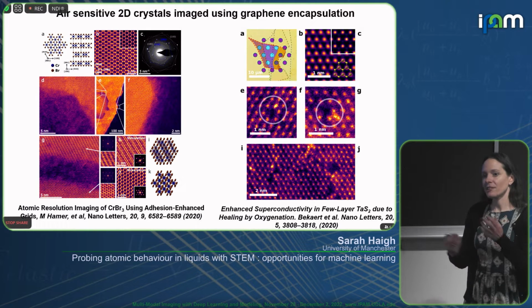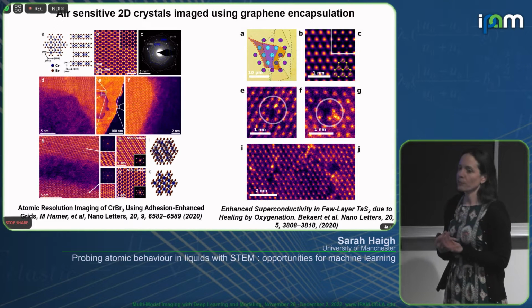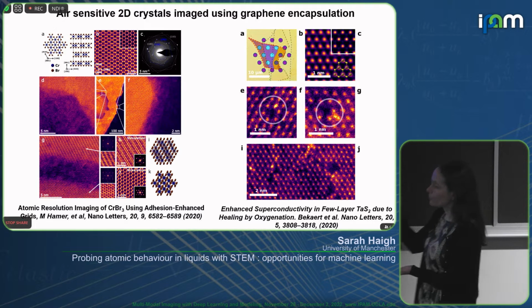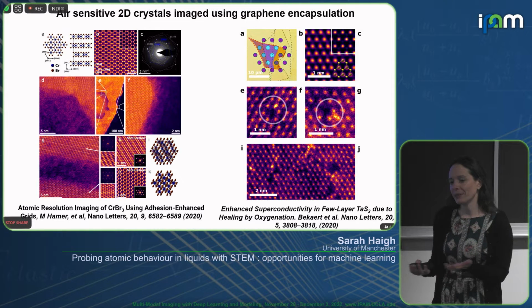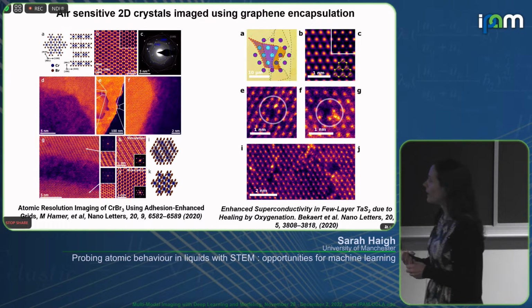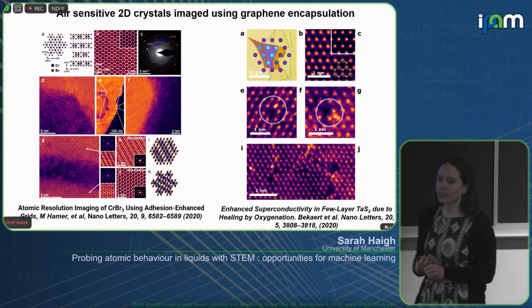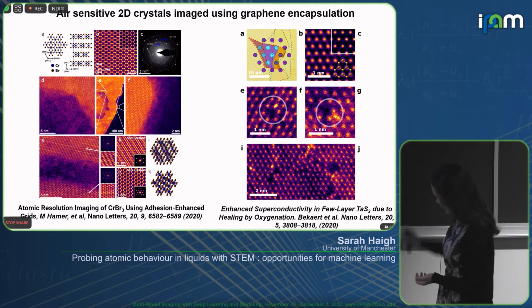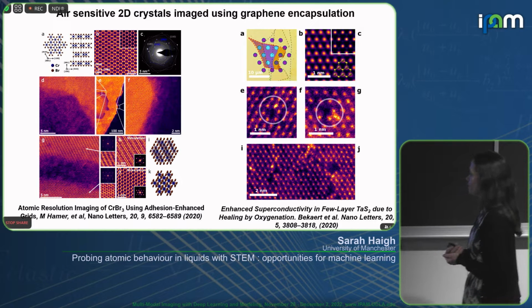Okay, so we have, as I said, done lots of work in the transmission electron microscope using this encapsulation of our two-dimensional materials that are unstable in air. So this is chromium tribromide, which is not stable in air, and this one is tantalum disulfide, which actually, when you encapsulate inside your device, improves over time, as opposed to most of them that just fall apart.